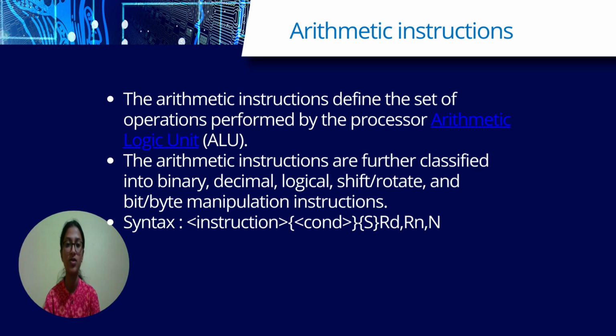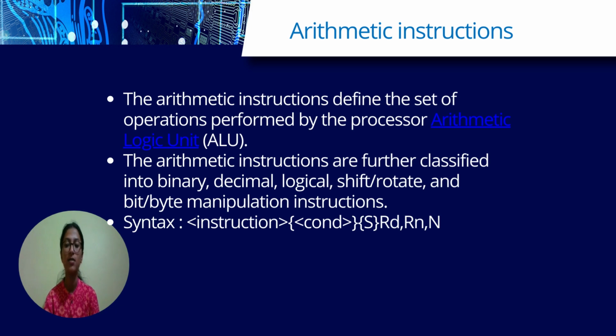And the second type is the arithmetic instruction. The arithmetic instruction defines the set of operations performed by the processor, that is the ALU. The arithmetic instructions are further classified into binary, decimal, logical, shift or rotate, and bit or byte manipulation instructions.